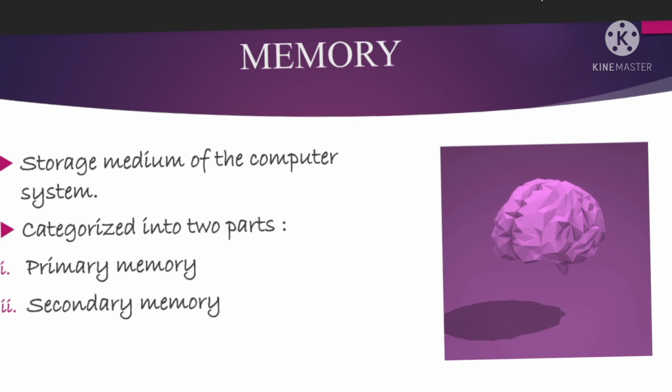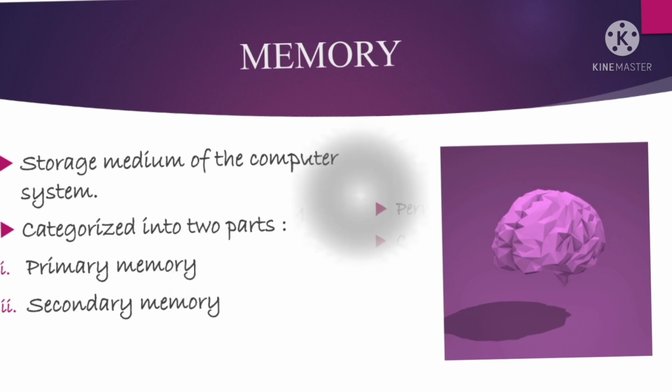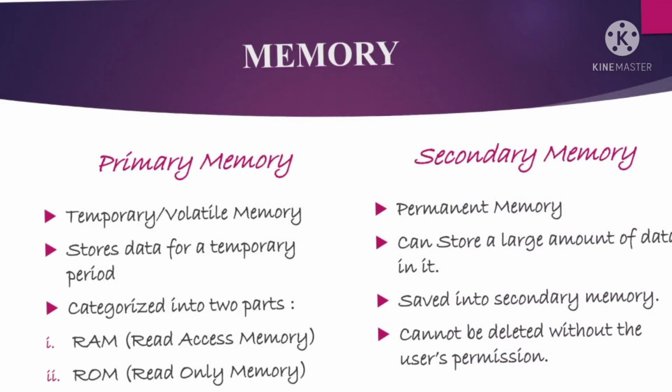Again, the memory is categorized into two parts: primary memory and secondary memory, which we just saw in the block diagram. Now, what's the difference between these two? Primary memory is temporary, or you can also call it volatile memory, but secondary memory is a permanent one.